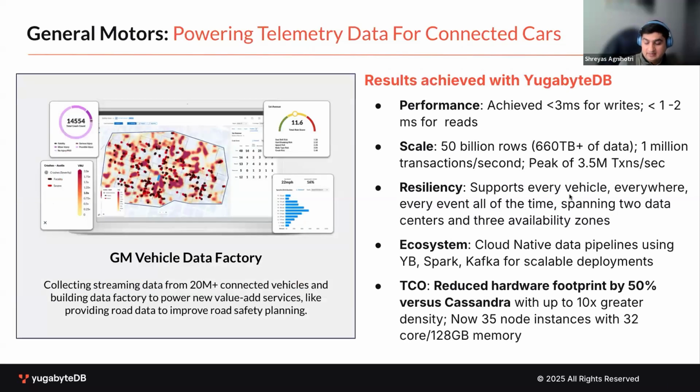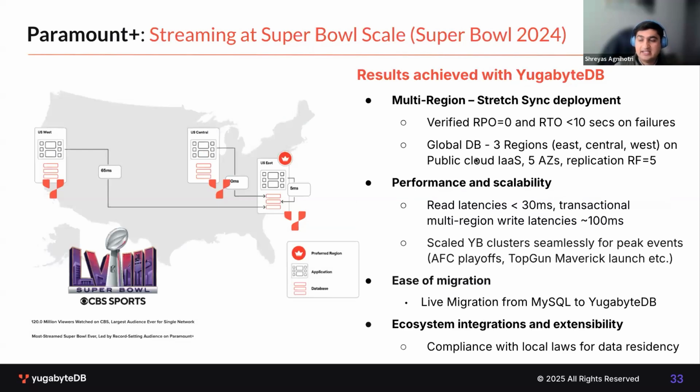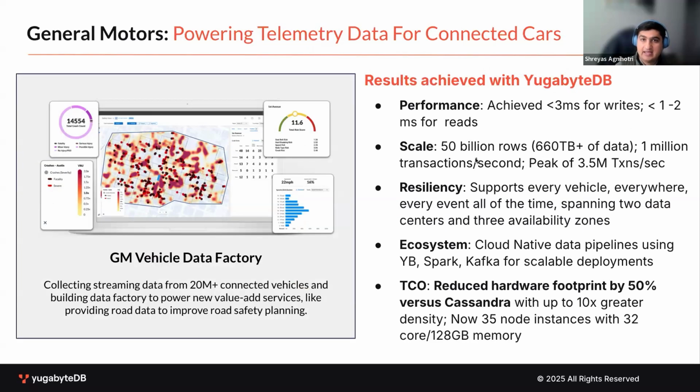Another example, and this is from the NoSQL part. So Paramount Plus is using the SQL API, the Postgres API. And this is an example from the other side of the API set, which is the Cassandra API, the NoSQL API. So General Motors uses YugabyteDB as the backend for all the telemetry data collected from its connected cars.